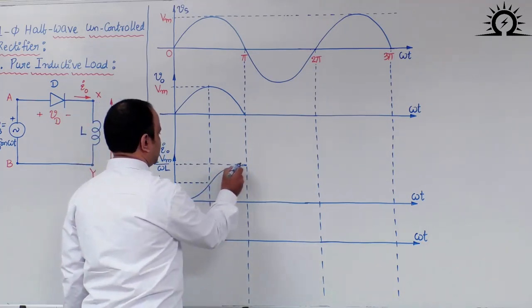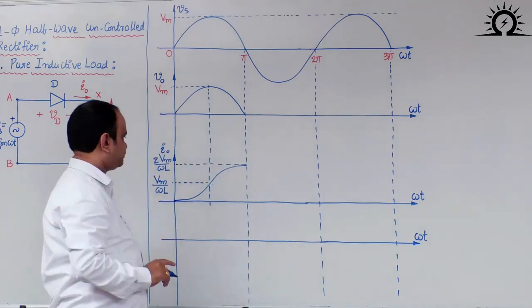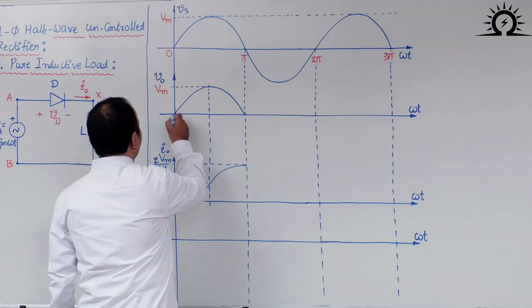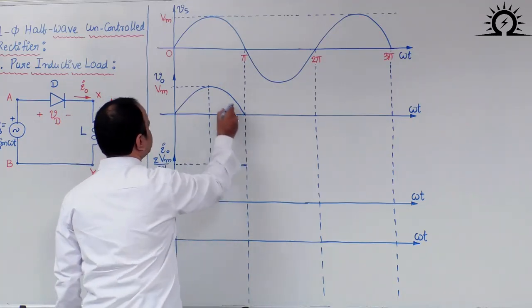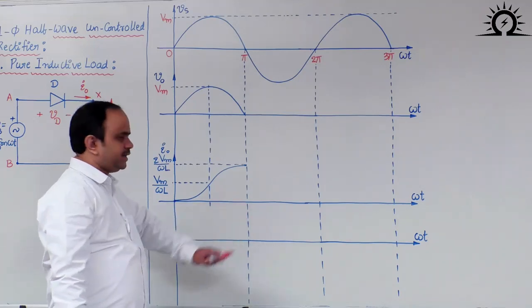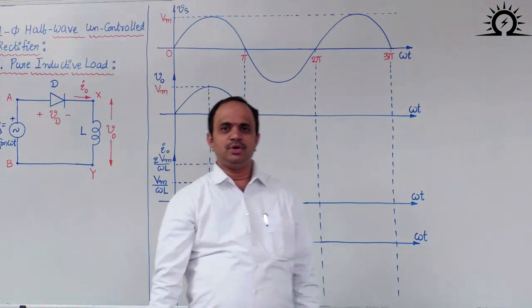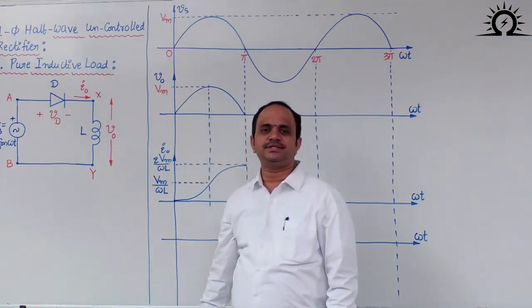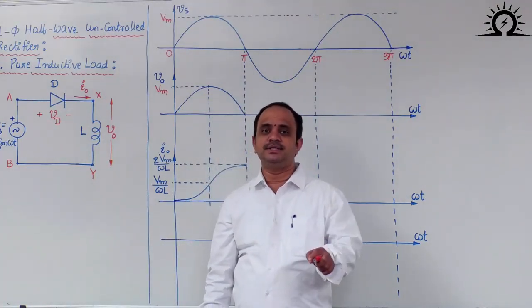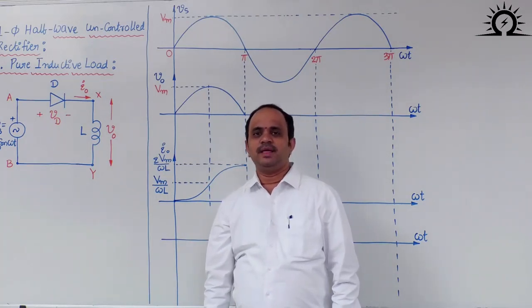In other words, the I naught waveform or inductor current waveform is increasing. Or if you look into voltage across inductor, this is on the positive side. Therefore, we can say from 0 to pi, the inductor is storing energy. Who is supplying that energy to the inductor? That is the source. Source is supplying energy to the inductor.